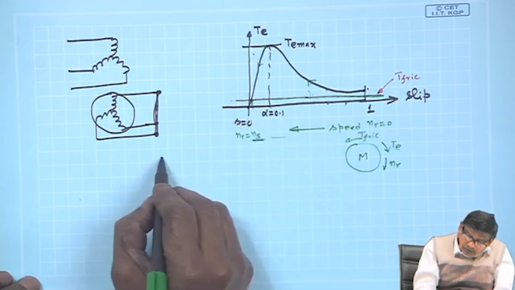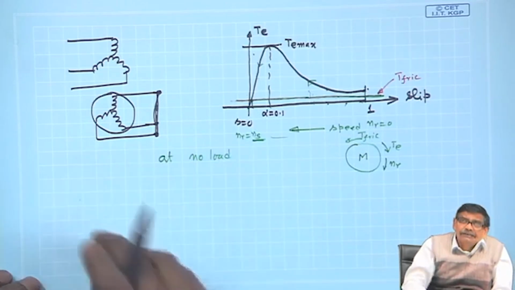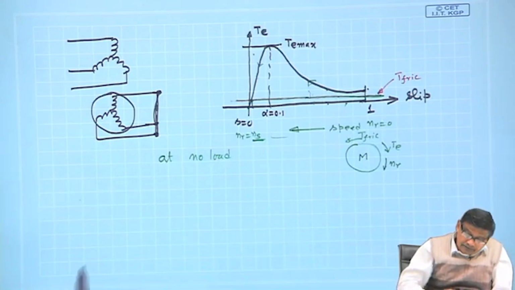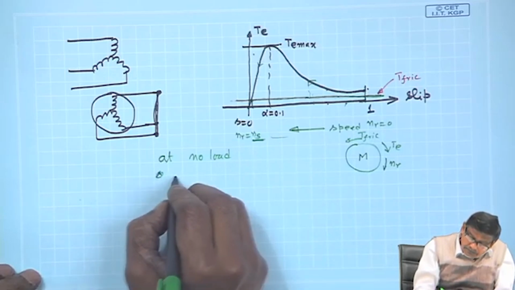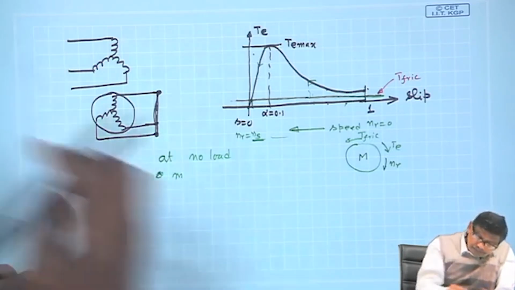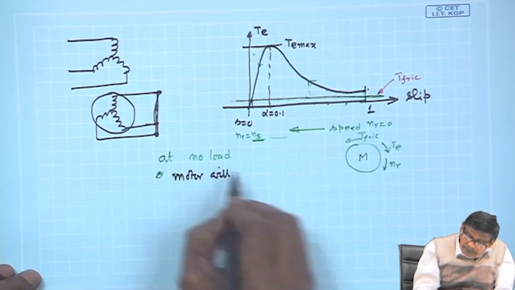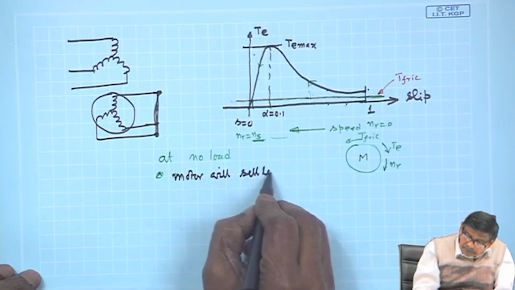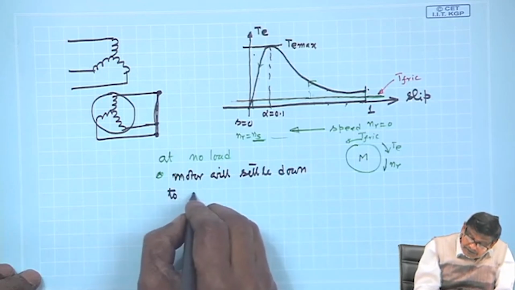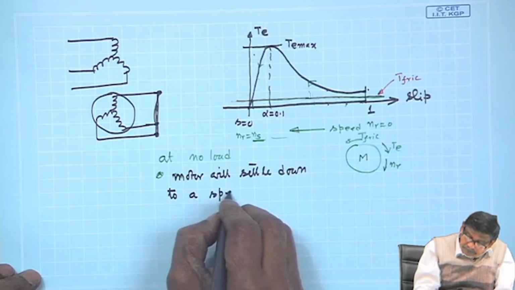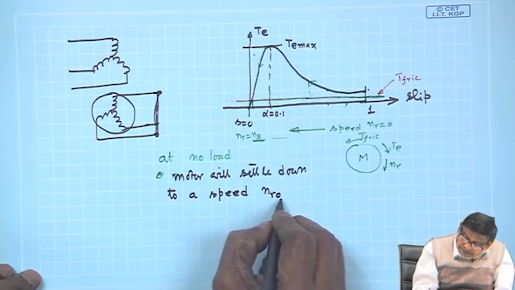Therefore, at no load, no load means only opposing torque is frictional torque. At no load, speed motor will settle down to a speed called NR0, no load speed, NR no load.